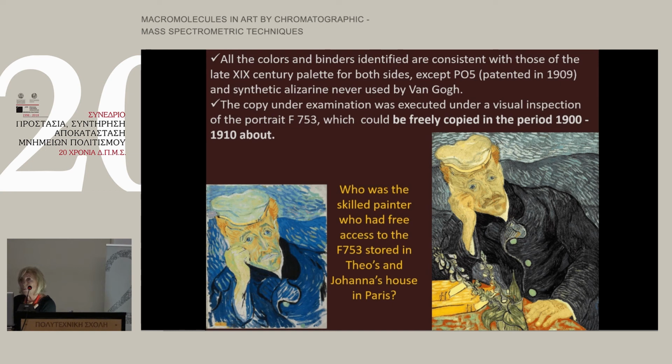So I am quite sure that this was not produced by Van Gogh, but by a painter who was very close to him and who had the chance to have in his hands the true portrait of Dr. Gachet. Well, so this is my history with this painting.